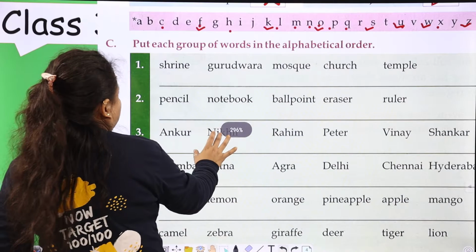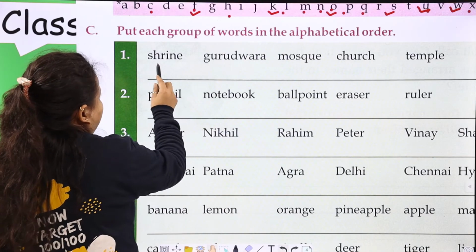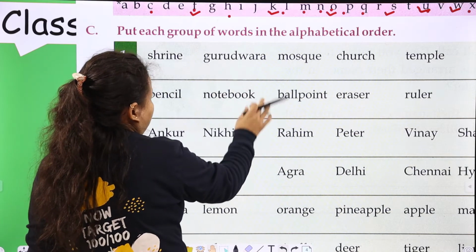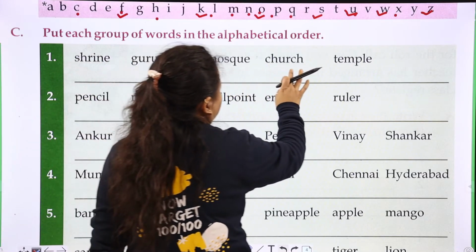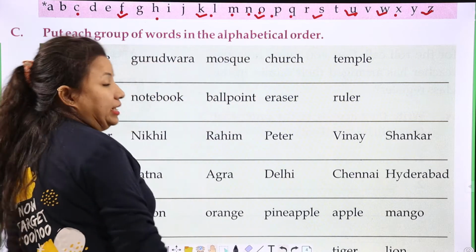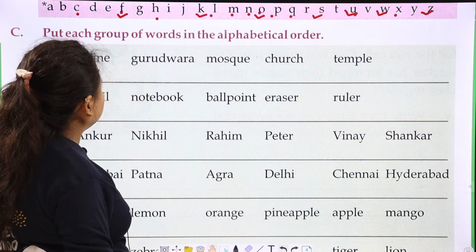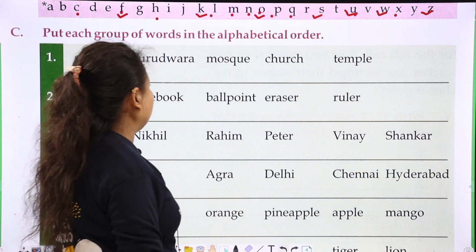So, now first is shrine, Gurudwara, mosque, church and temple. These all are the places of worship. Now, we have to put these words in alphabetical order.